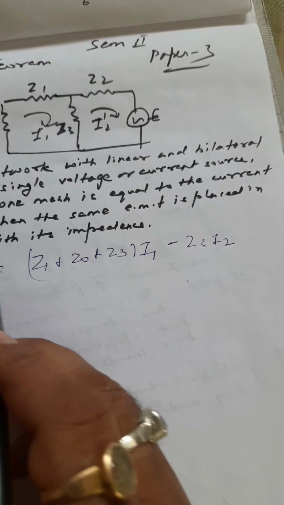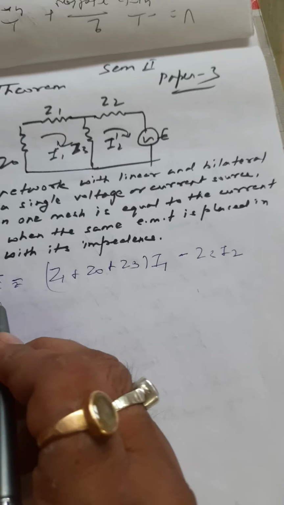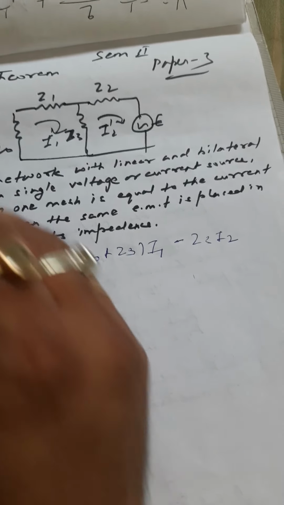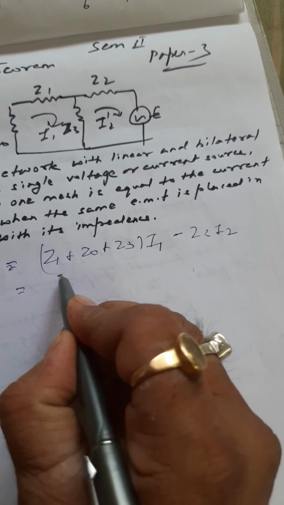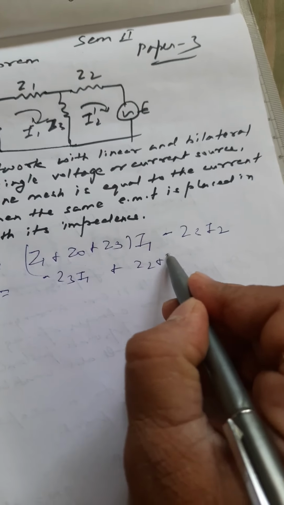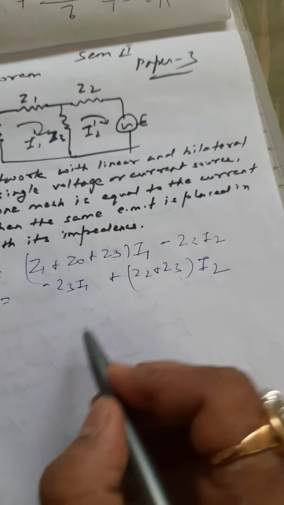And for the second loop, where there is no EMF, 0 is equal to minus Z3 I1 plus Z2 plus Z3 into I2.